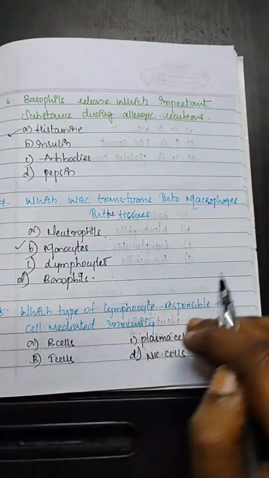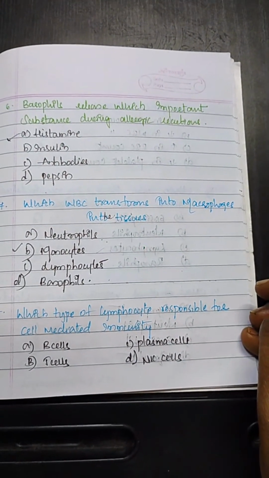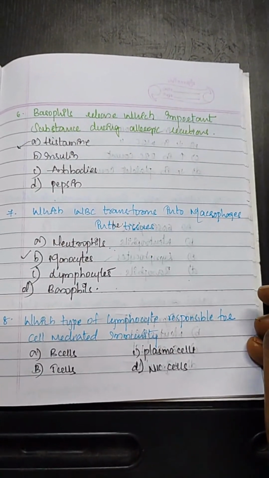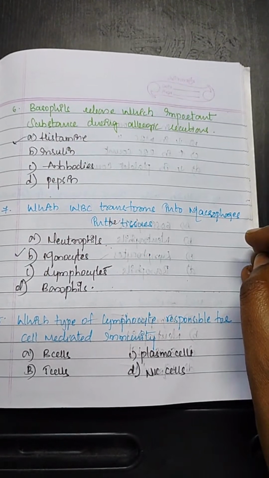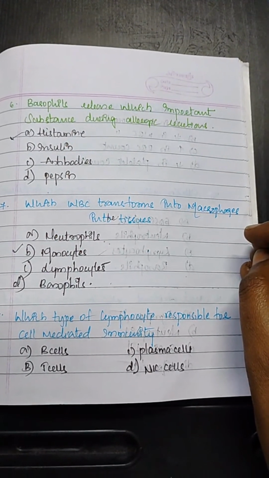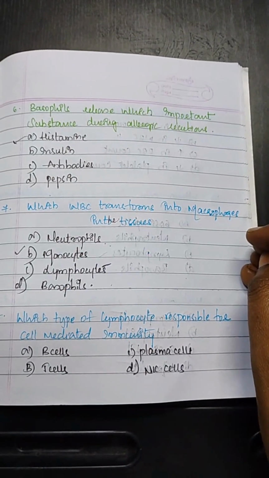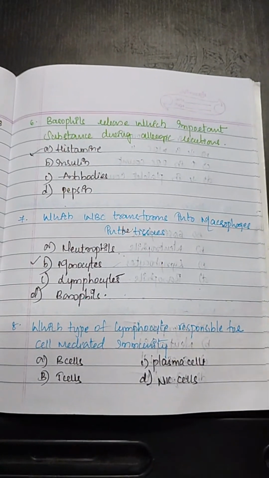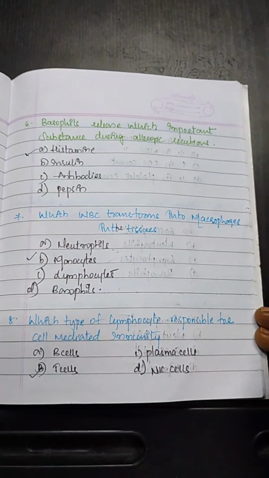The next question, which type of lymphocyte is responsible for cell-mediated immunity? B cells, T cells, plasma cells, natural killer cells. Okay, the answer is B, T cells.